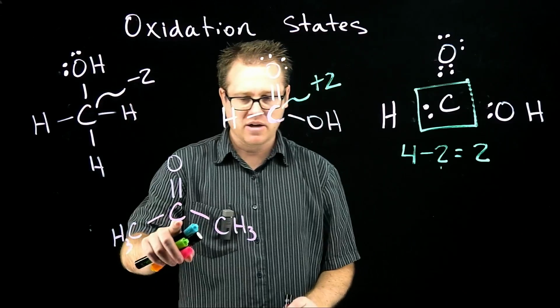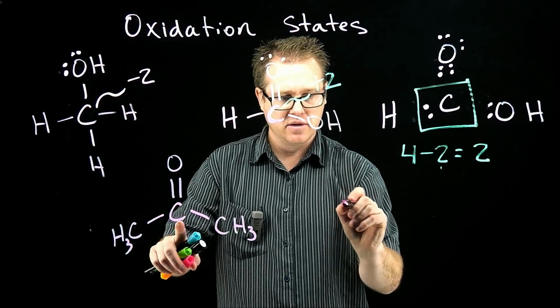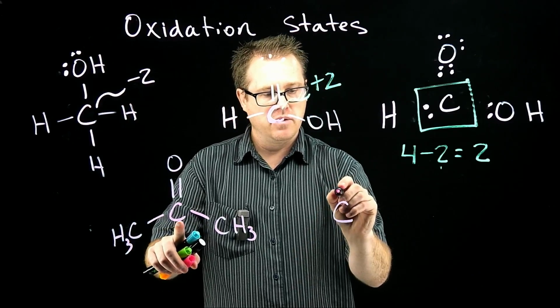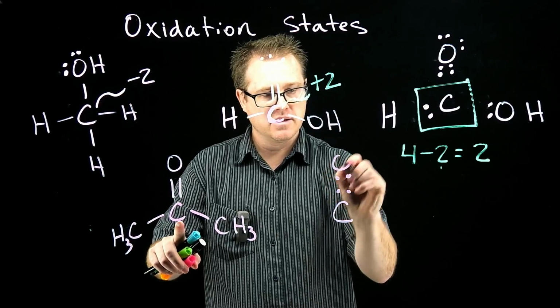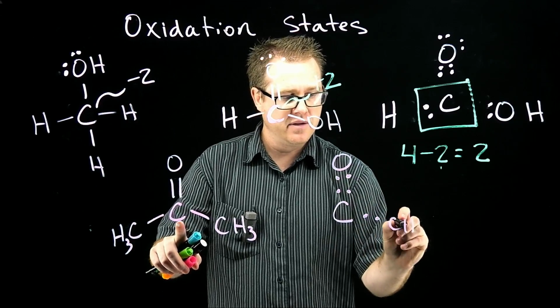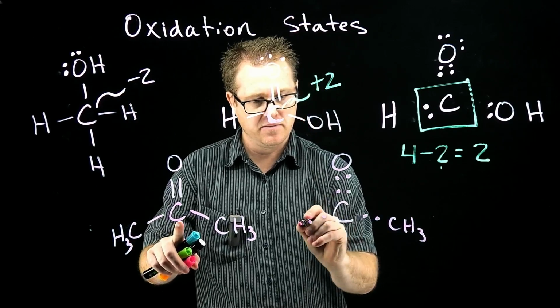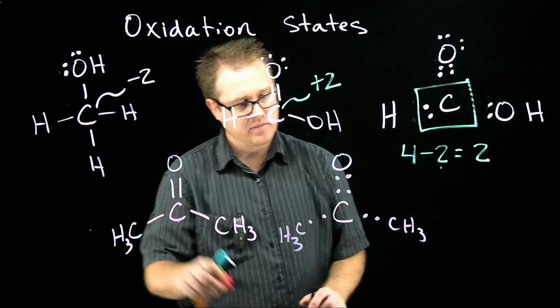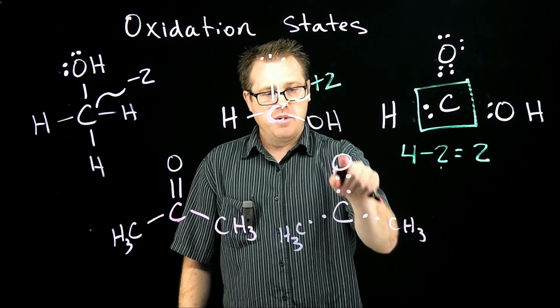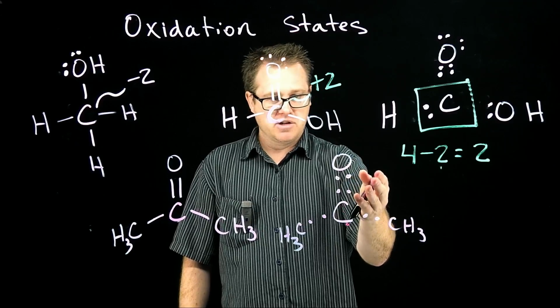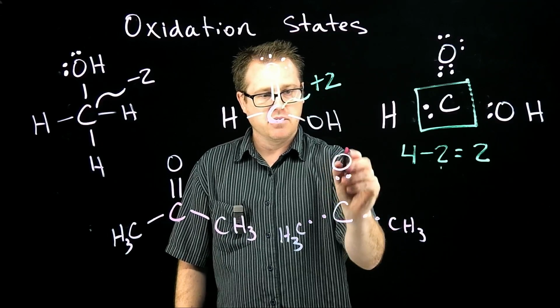How would you calculate the oxidation number for that carbon? Well, we would do our analysis like we always have, like so. Now, the carbon-oxygen is easy. We know oxygen is going to be more electronegative, right?